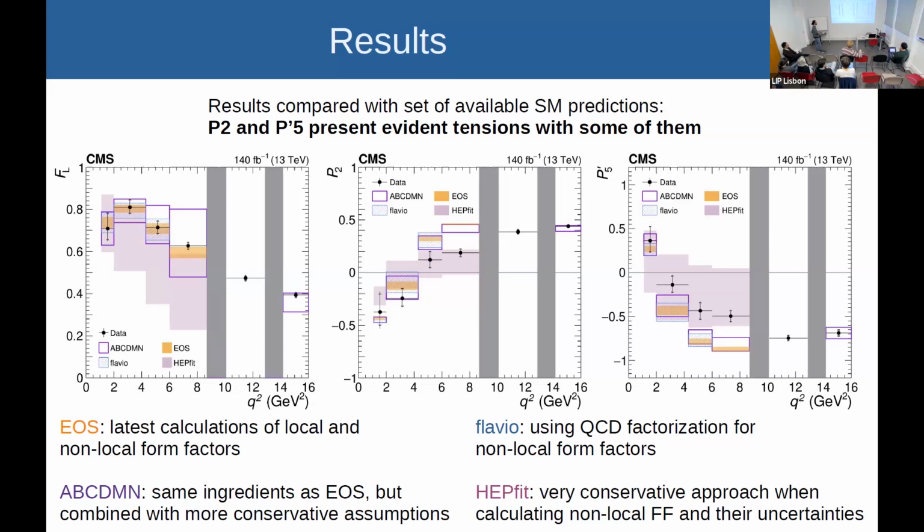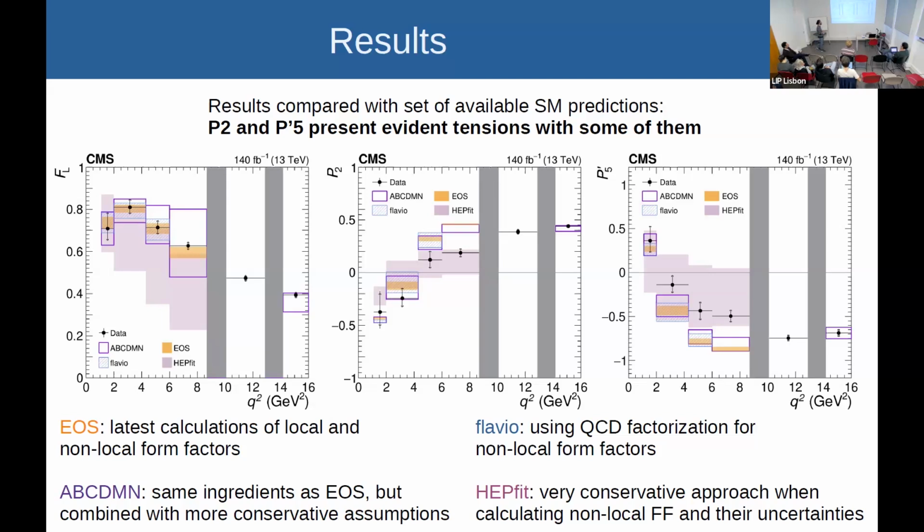Out of all the predictions, the F-fit ones are the only ones consistent with our measurement across q squared and all the parameters, because what distinguishes them is that they use very conservative approaches when deciding how to compute non-local form factors and their uncertainties.